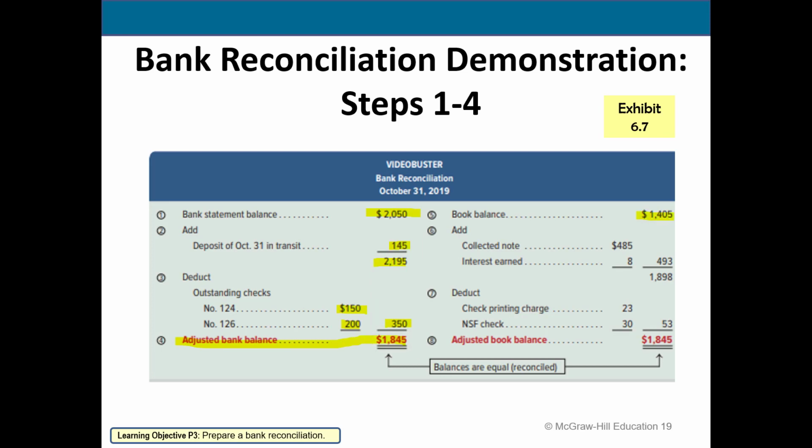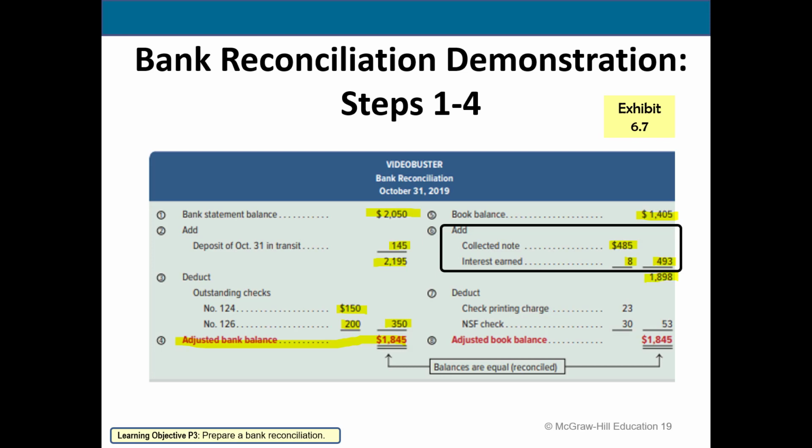Then our record showed we had $14.05. The bank collected a note for us, so the customer sent the amount to the bank, and we saw it on the bank statement, and we're going to add interest. So that totals $493.